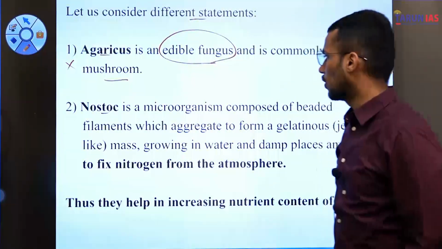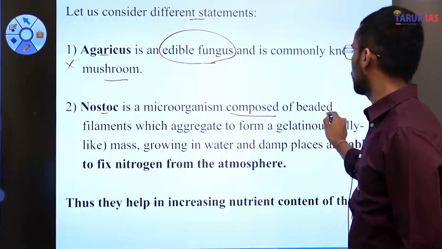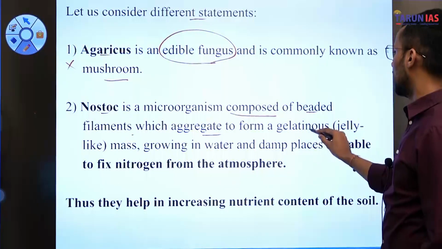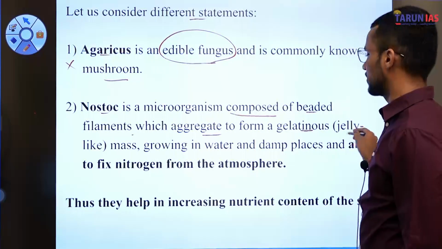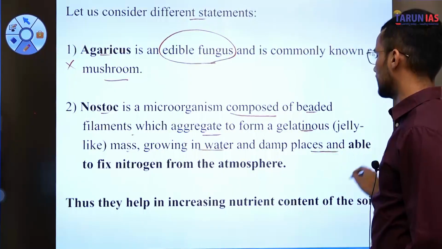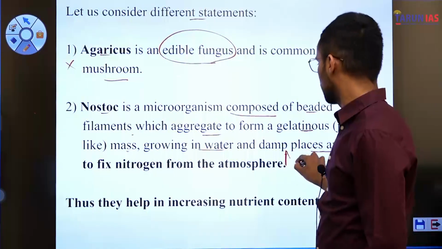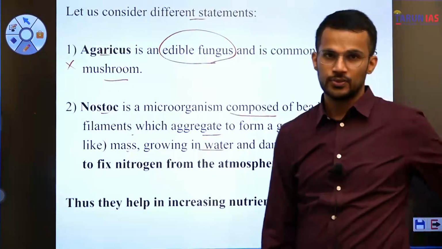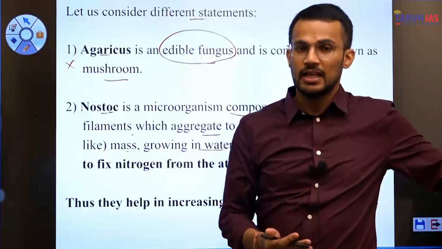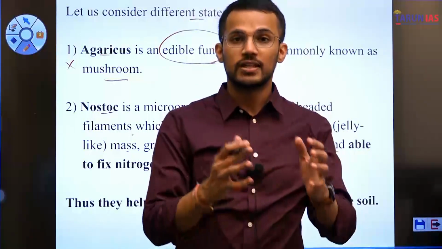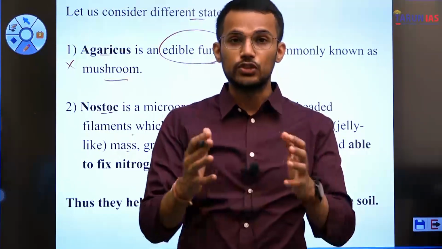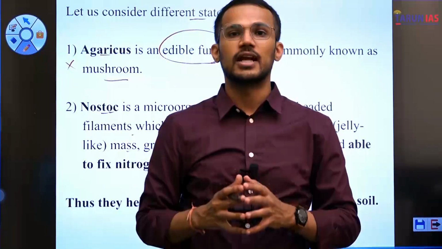Second, nostoc is a microorganism composed of beaded filaments which aggregate to form a gelatinous, that means jelly-like mass, growing in water and damp places and able to fix nitrogen from the atmosphere. So this organism is helping us to fix atmospheric nitrogen, which will be used up by plants growing in that soil.